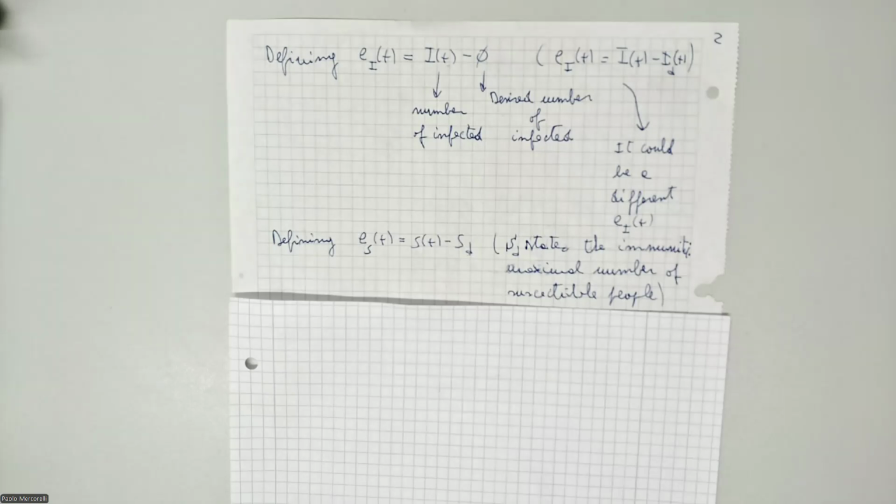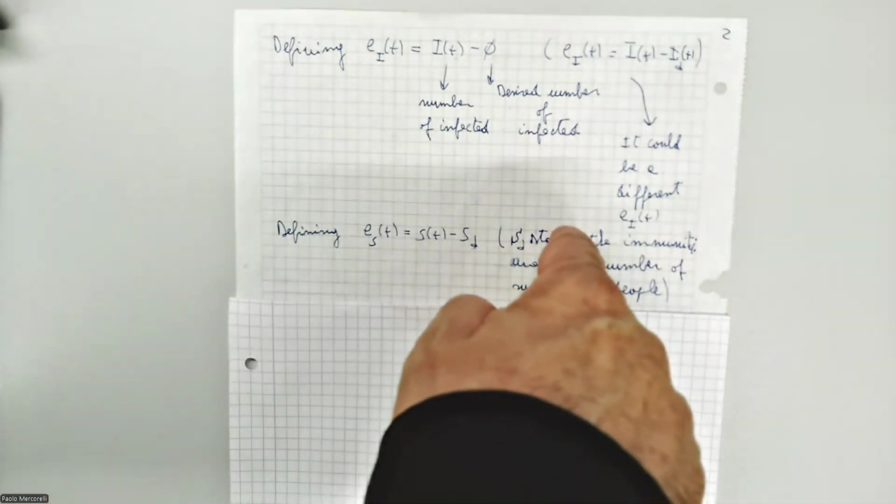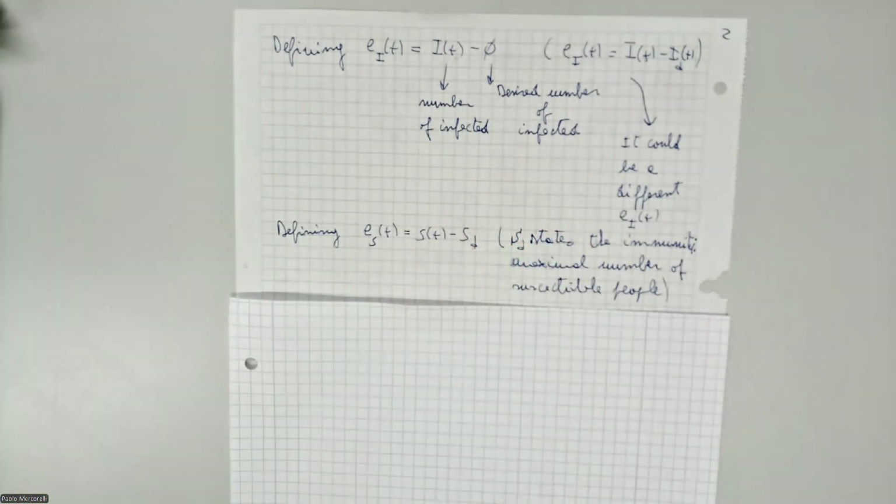Look, SD typically, also in practical application, is never 0, because again, not all people can be vaccinated. This defines the immunity. In a political concept, immunity could be a polemic concept.